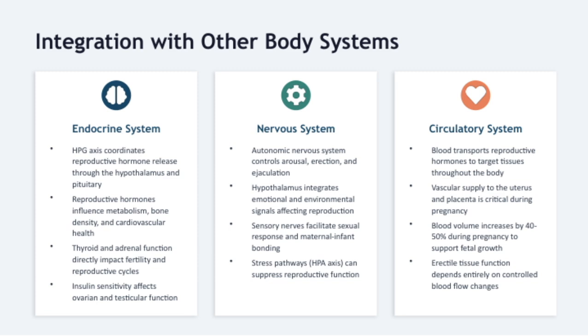Moving on to the nervous system, the autonomic nervous system controls key aspects of sexual arousal, including erection and ejaculation, by regulating blood flow and neural signals. Meanwhile, the hypothalamus plays a central role by integrating emotional and environmental cues that influence reproductive behavior.